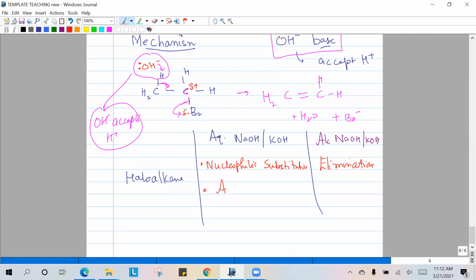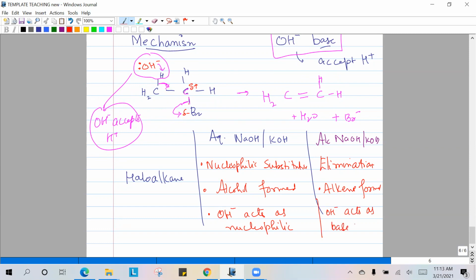In this case, alcohol is formed. In this case, alkene is formed. In this case, the OH minus acts as a nucleophile, so it attacks the carbon which is positively charged, and over here the OH minus acts as a base, so it takes away the H plus. Base over here means it is a proton acceptor.